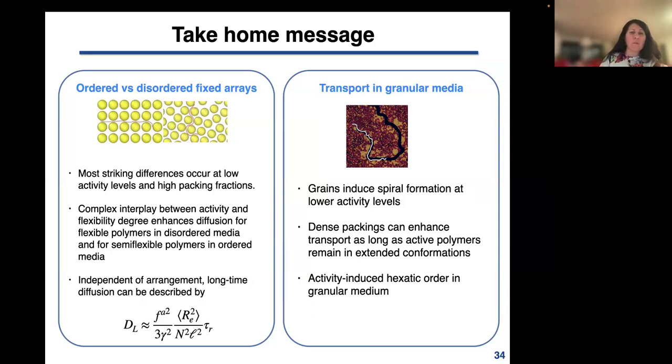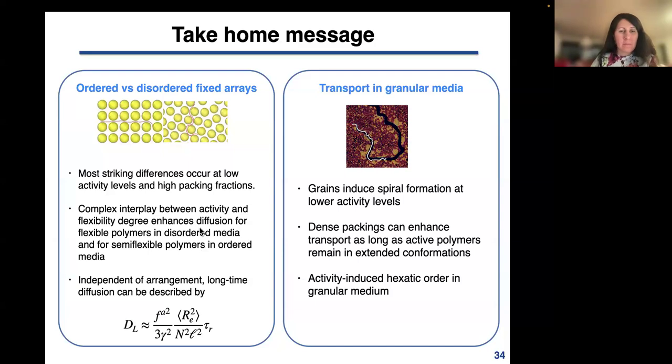First, I would like to emphasize that we see big differences when you have low activity levels and high packing fractions. But if you have a very highly active filament, it just overcomes the obstacle. It's like the moral we have as humans: at some point, if you put enough energy, you can overcome the obstacles.